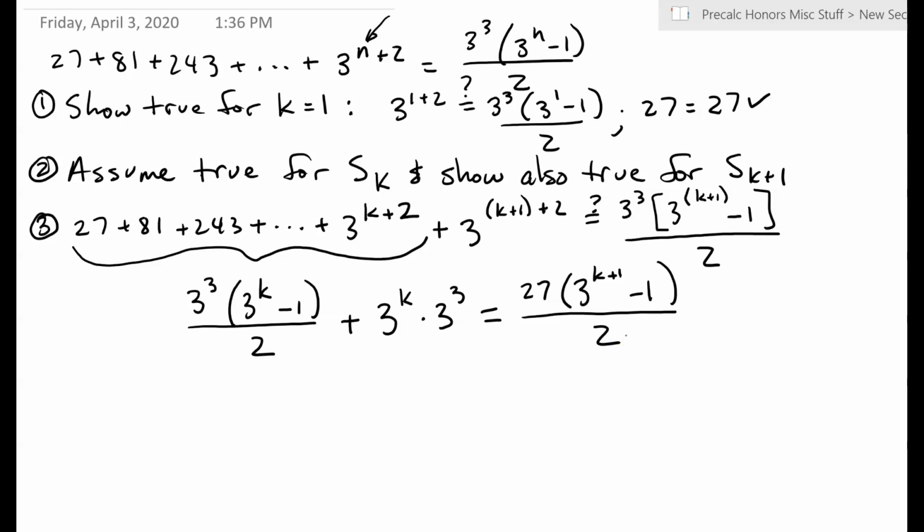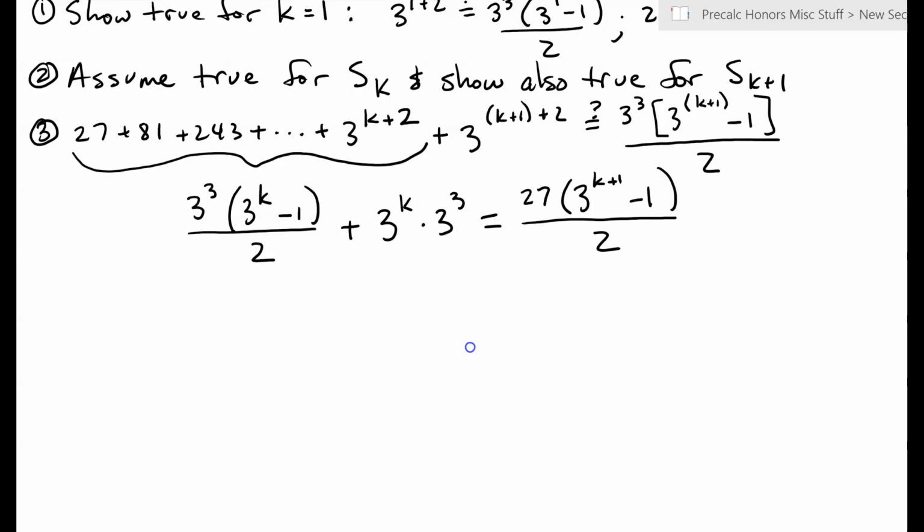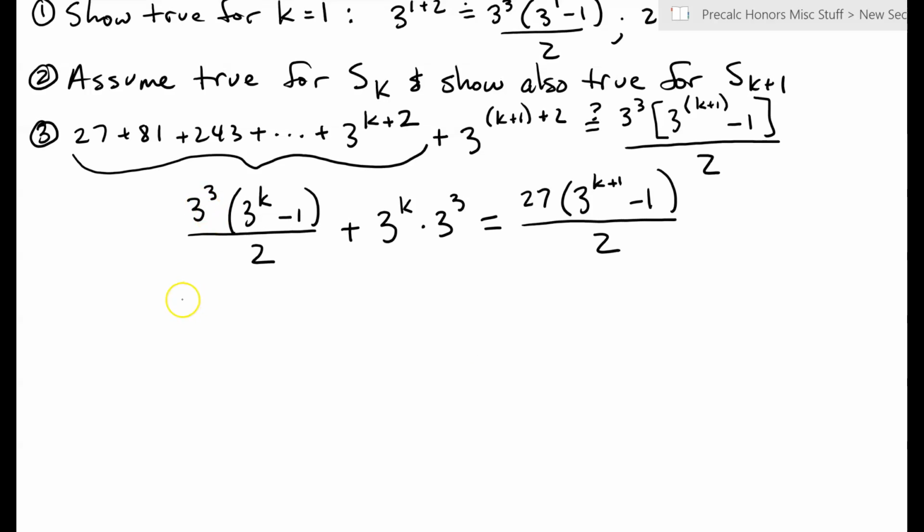Alright, so in the next step, I'm just going to do a little algebraic manipulation here. This is going to be 27 times 3 to the k minus 1 over 2 plus, and then I want a common denominator here. So I'm going to multiply this by 2 over 2.